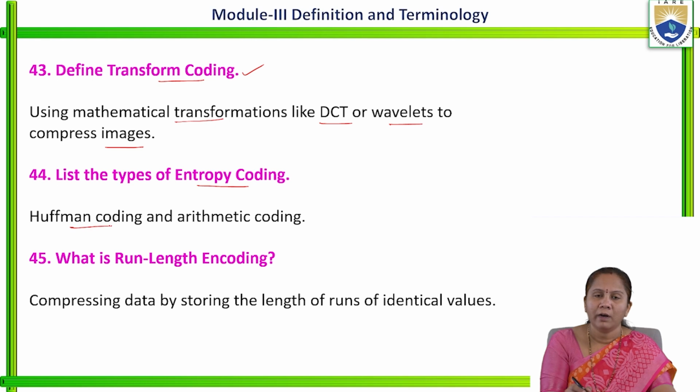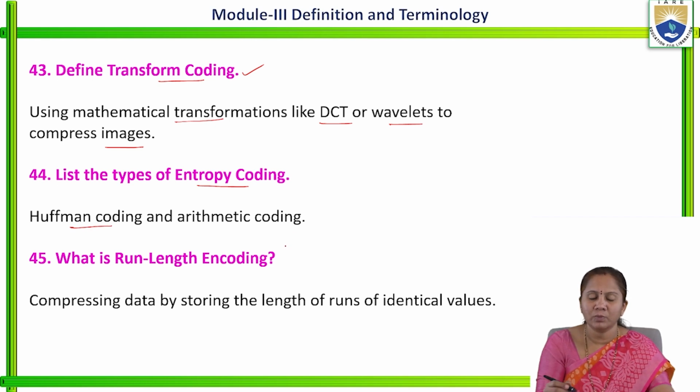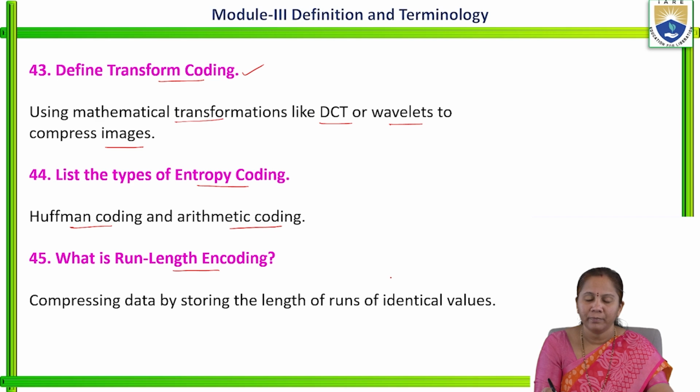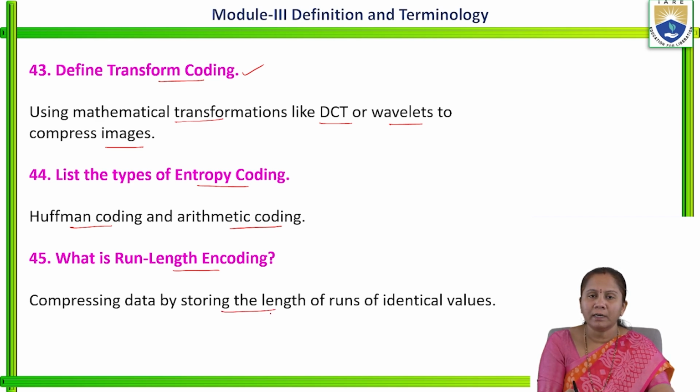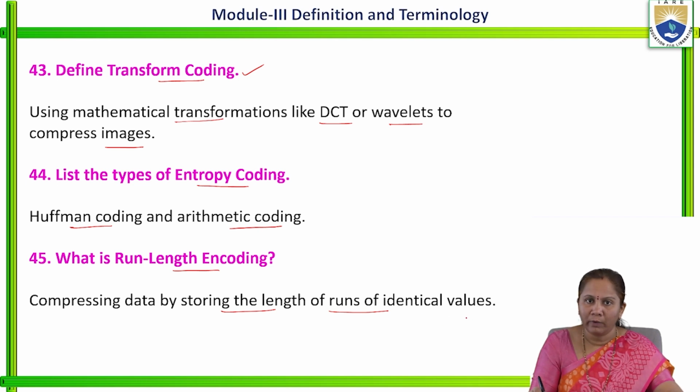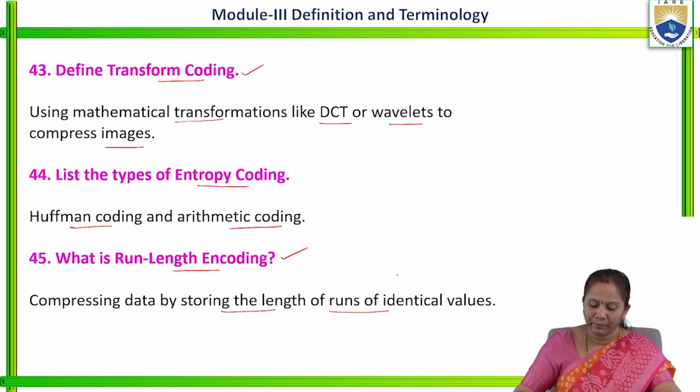One is Huffman coding, we have discussed with an example, and another one is arithmetic coding. Next is what is run length encoding. Compressing the data by storing the length of runs of identical values is called run length encoding.